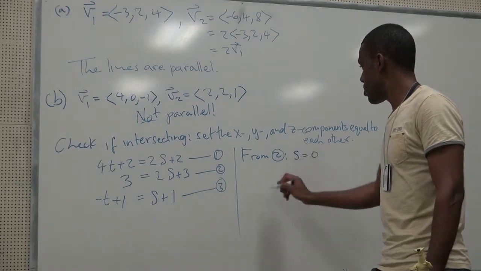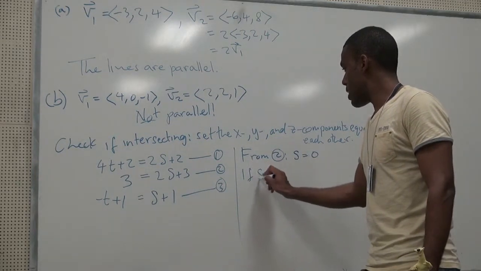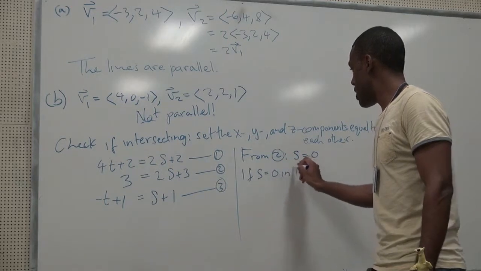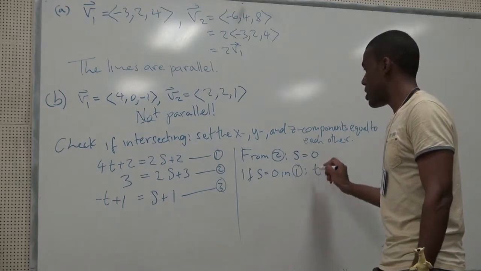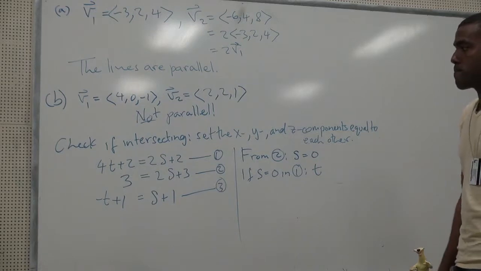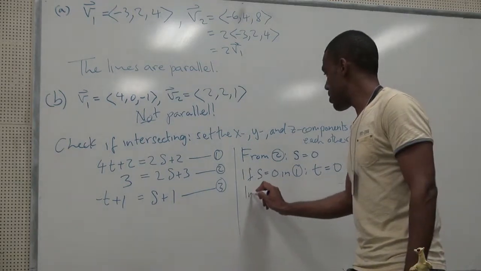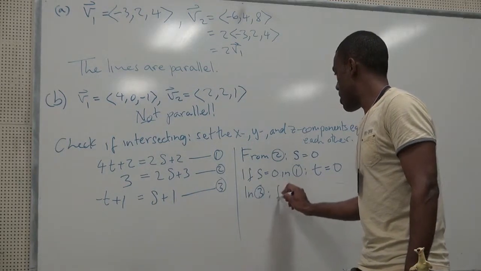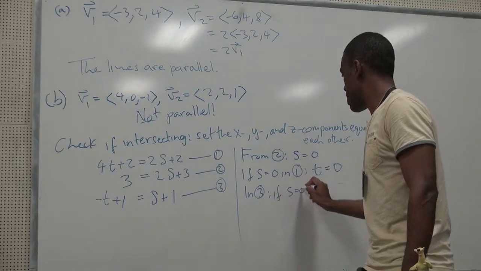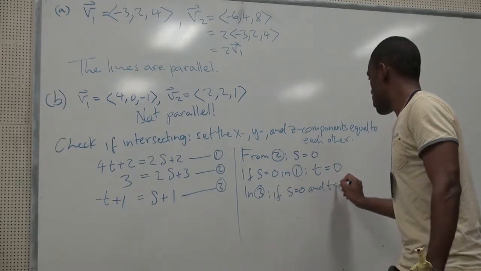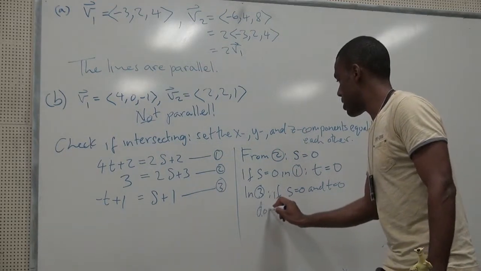s equals 0. If s equals 0 in, say, equation 1, what would you get for t? 0. t also equals 0. And in equation 3, if s equals 0 and t equals 0, does it make sense?